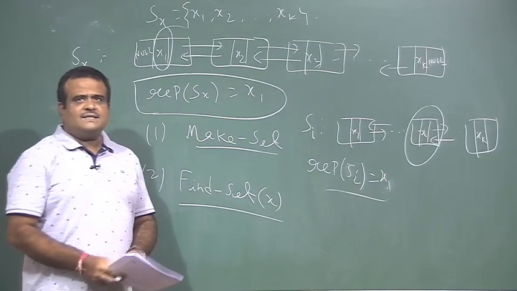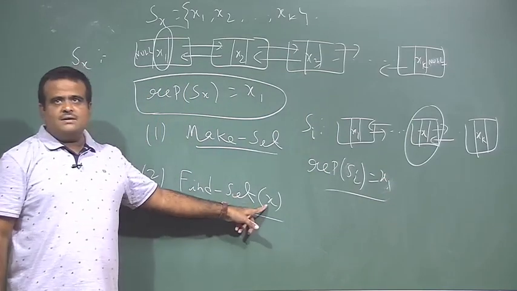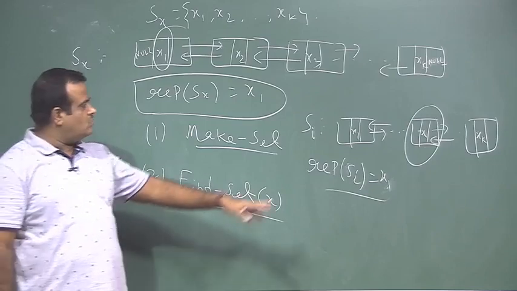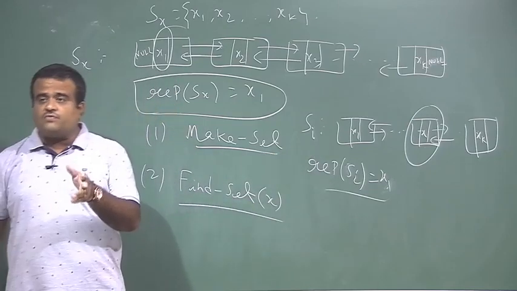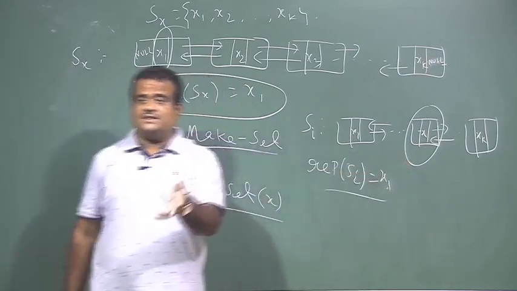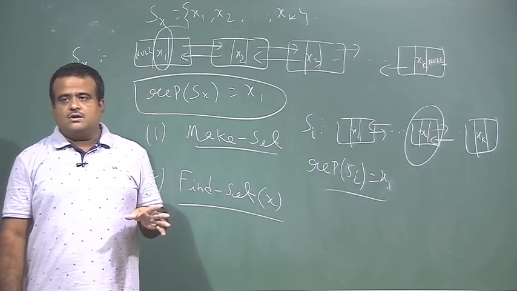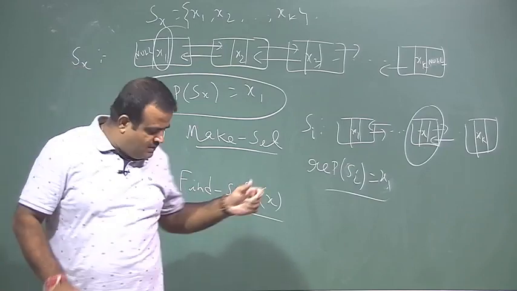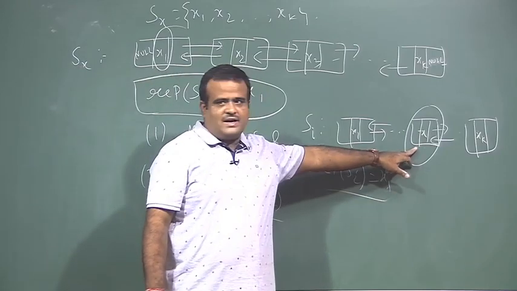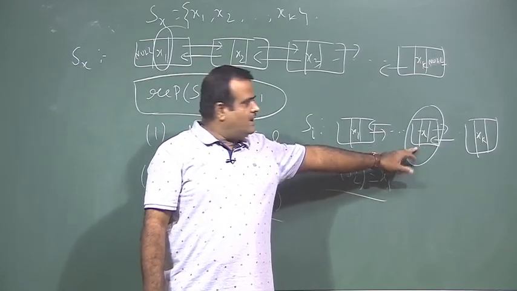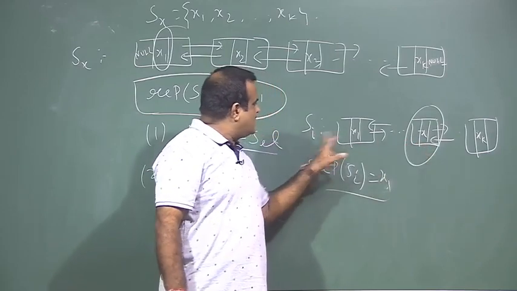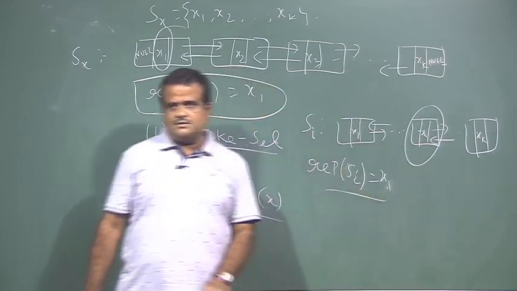Okay. Now, to find the set we are given an element, say x i. We do not need to find the position of x i, that information is given. Somehow we have a pointer to reach there, so we are not finding that. Okay. So, we are here, we know this S i is containing this x.